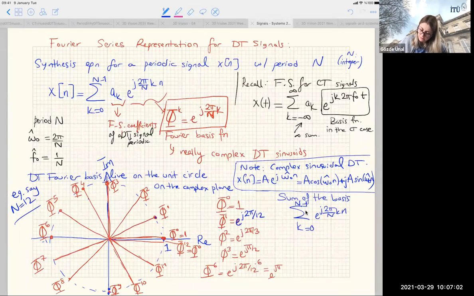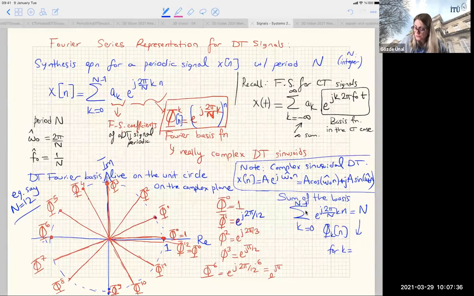This should really be to the power n. This was phi k, and I want to say here, guys, this is equal to N for k equals 0.